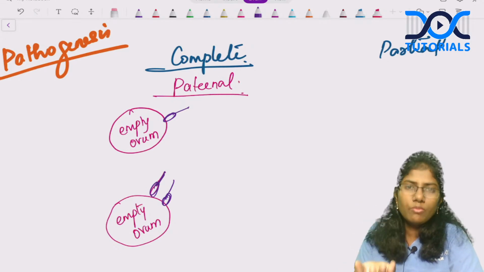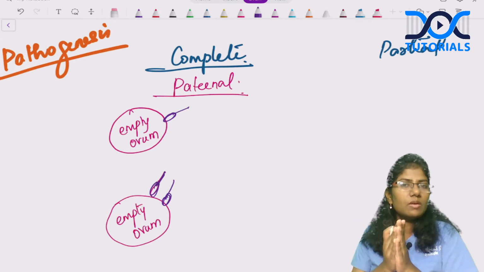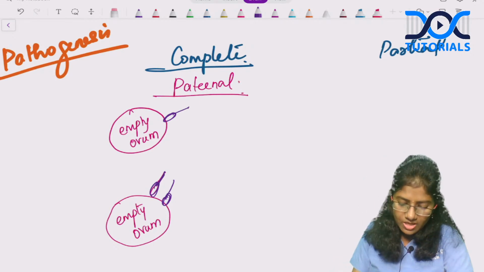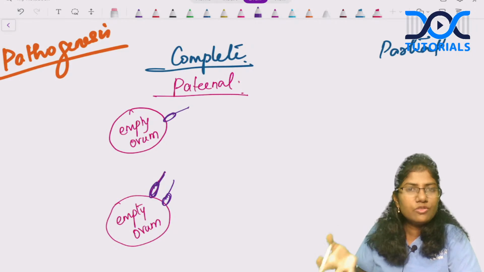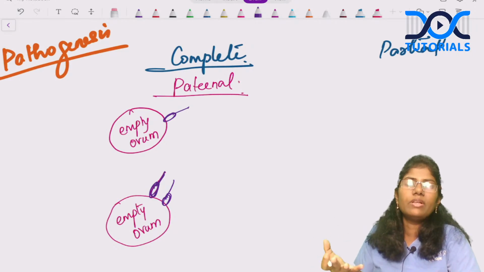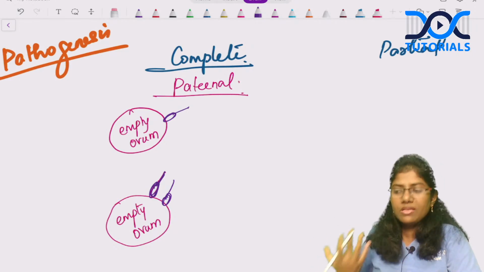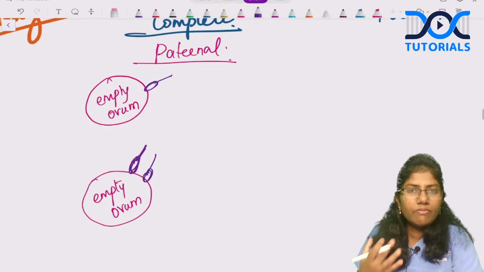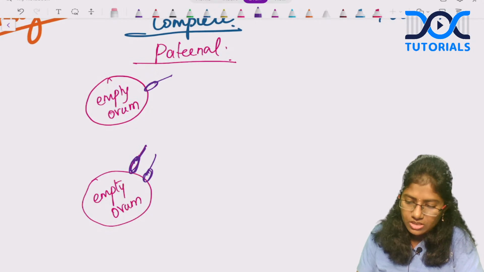It will produce one more sperm, and those two sperms will fuse and make the cell diploid. In case two sperms fertilize the egg, these two sperms will fuse and make the cell diploid.